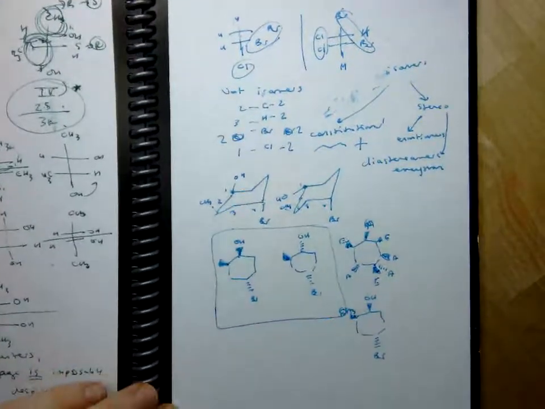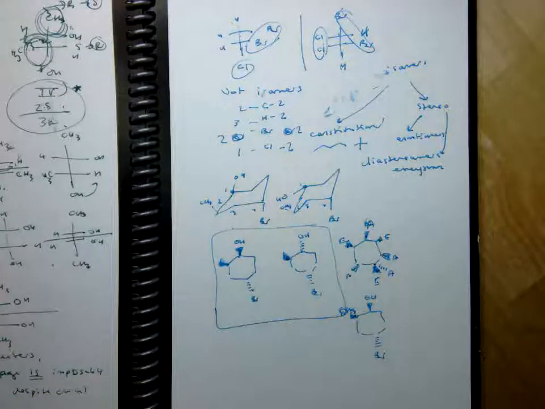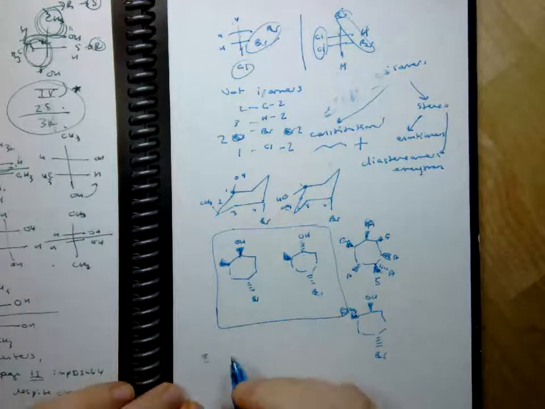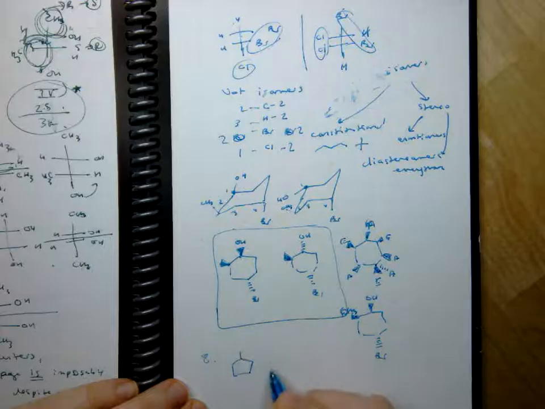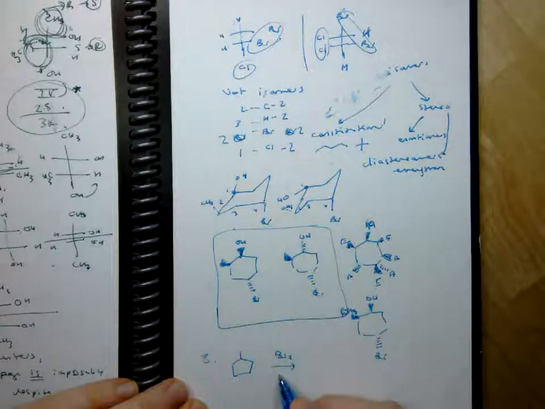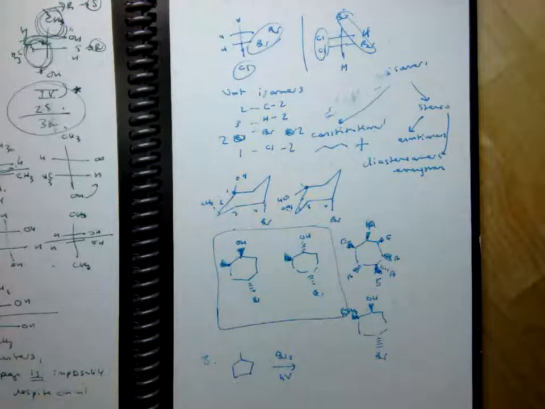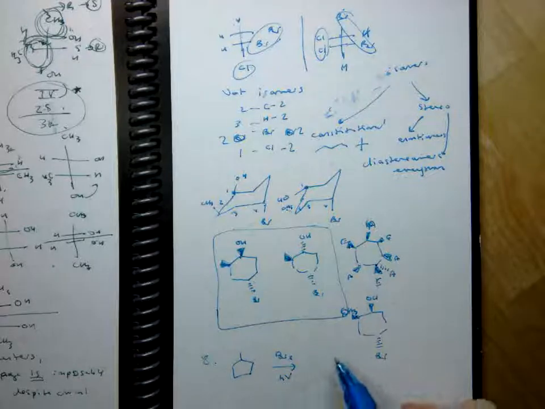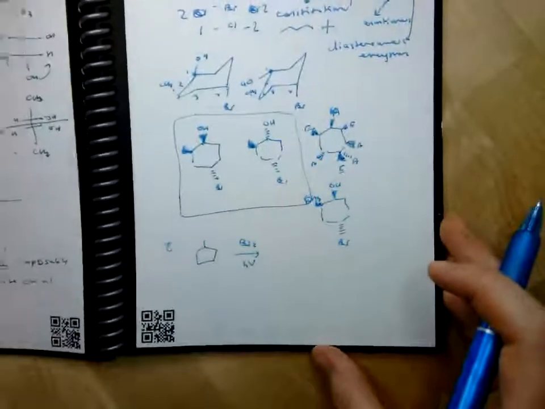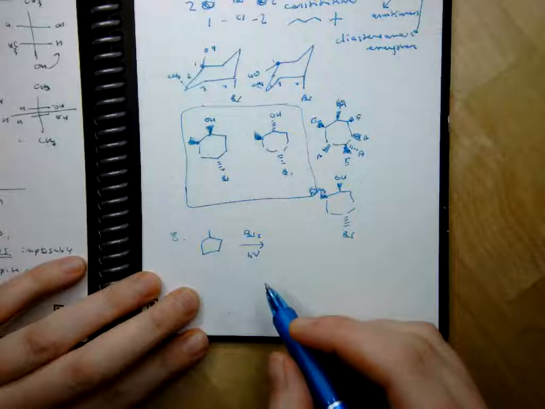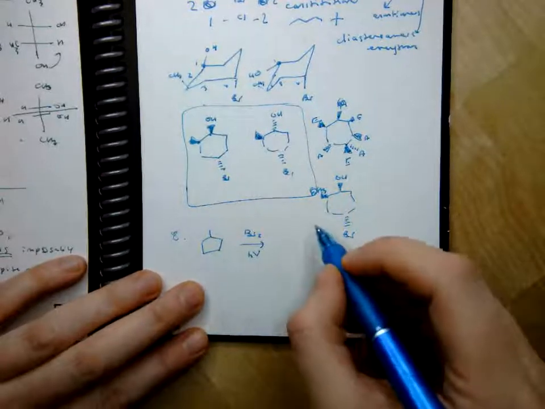Okay, and now let's do 8. Select the structure of the product formed in the following reaction. So this is an alkane with Br2 and light. H nu is light. If I just saw this and wasn't sure what kind of reaction this would be, I would go through my list.